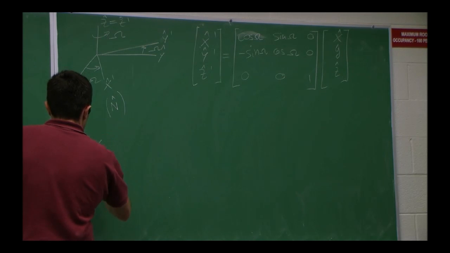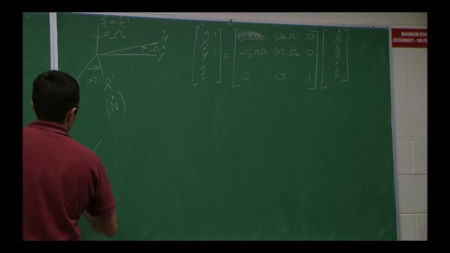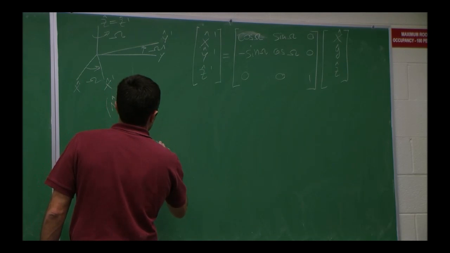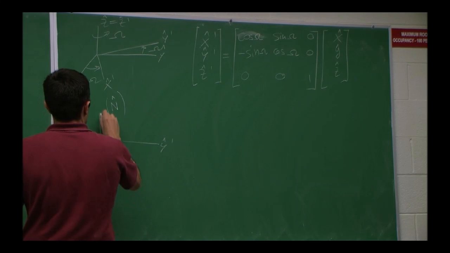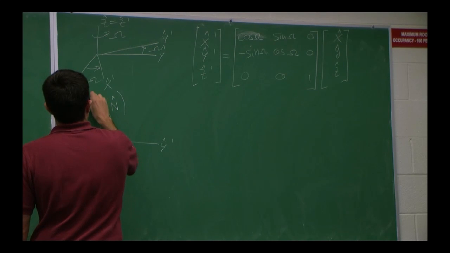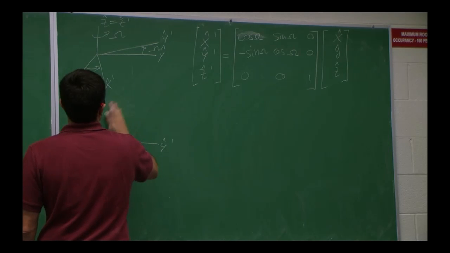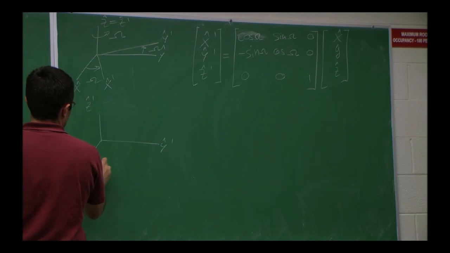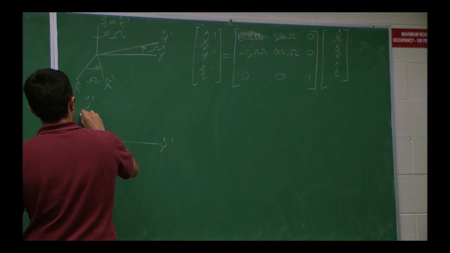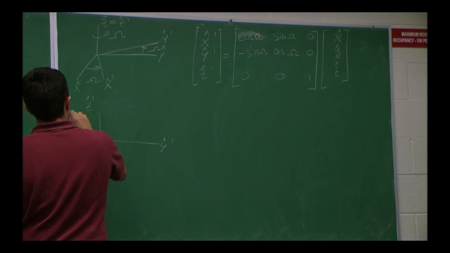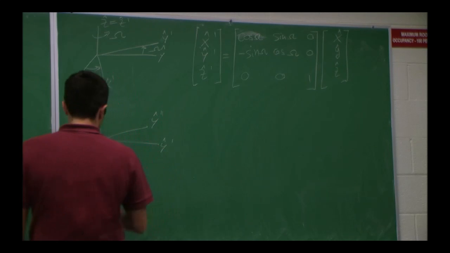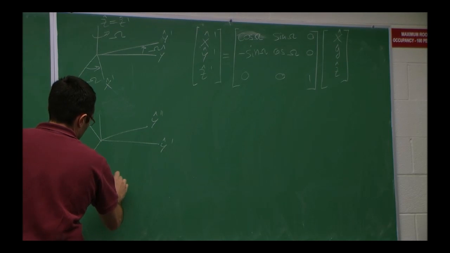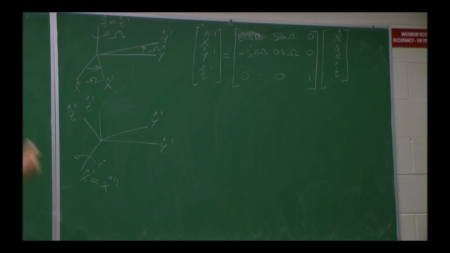Now the second rotation goes from the X hat prime, Y hat prime, Z hat prime. I rotate about this axis, I go to now Z hat second and Y hat second, and this axis recycles itself.